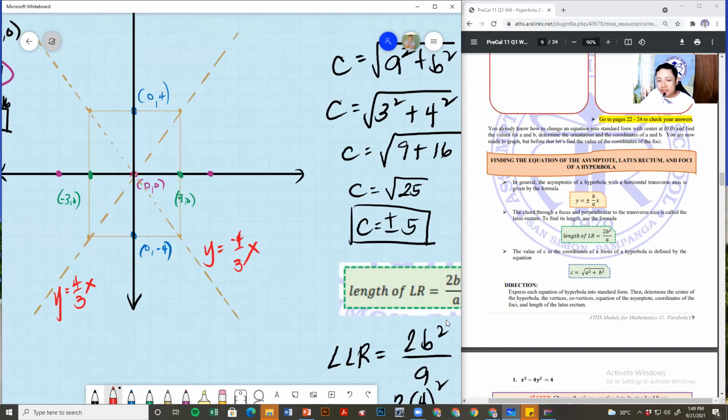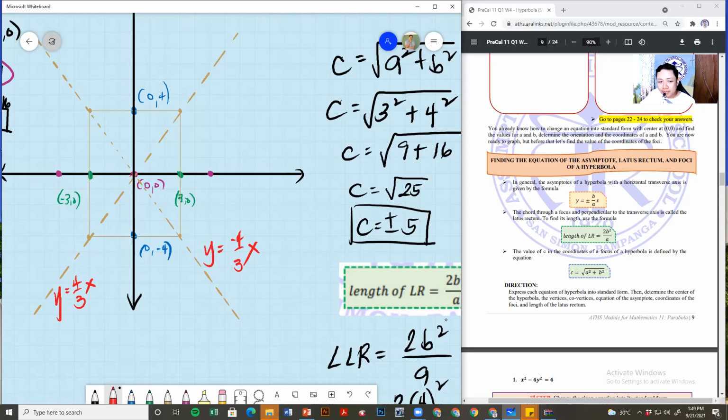So when you add these two, it will be the whole length of your latus rectum. That's the reason why we divided it by 2. So 5.33, let's count. Go. Nakakakaba, nakakatakot. Aabot kaya doon sa asymptote? Lalampas kaya siya doon? Or hindi? Basta tandaan, bawal lumampas ang latus rectum or ang graph dito.